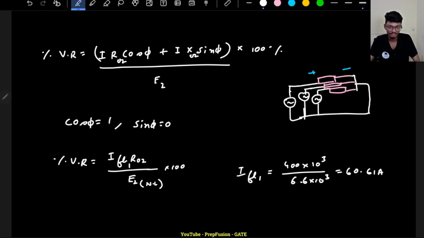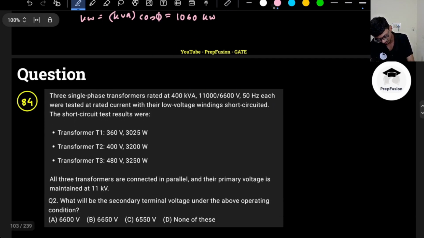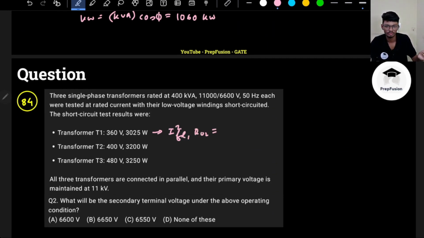That is my I_FL1. What is my R02? I know my full load copper loss, which is I_FL1 squared into R02. Very simple. So from here, I can directly find out the value of R02. R02 will be equal to what?